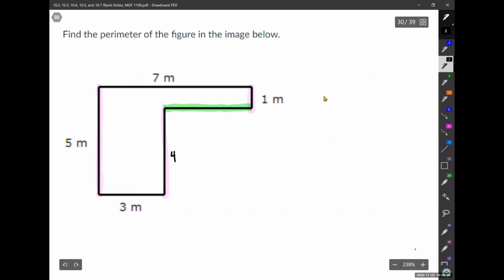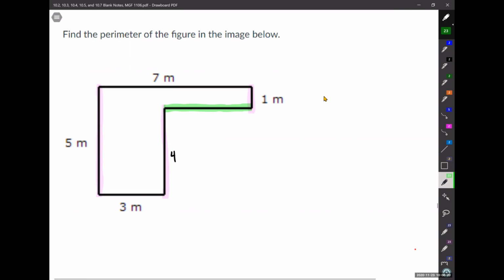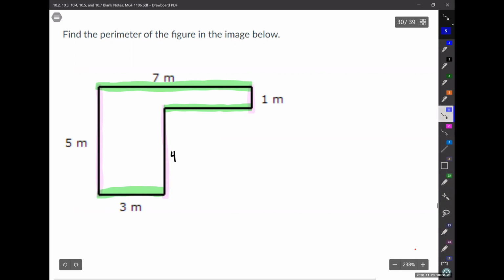So realize with these missing distances, they're either vertically or horizontally oriented, and that can help you figure out the problem. Great job, Cleo, as well. Now for the missing green side, it's a horizontal length, so I'm going to highlight the horizontals. The entire distance horizontally in the figure is 7 meters.